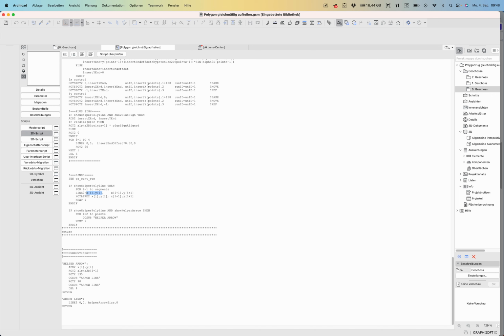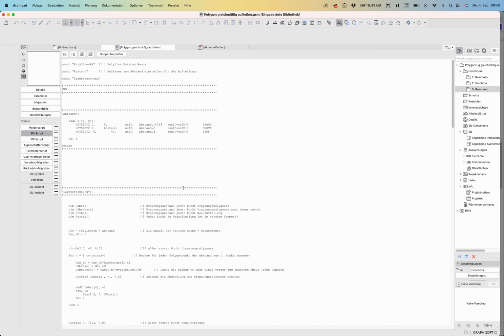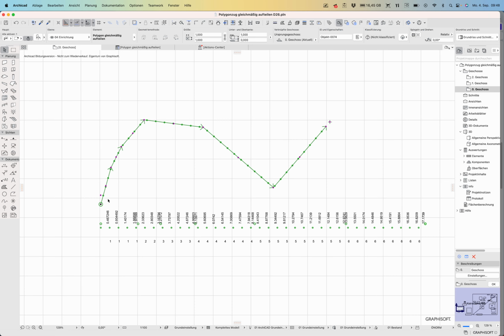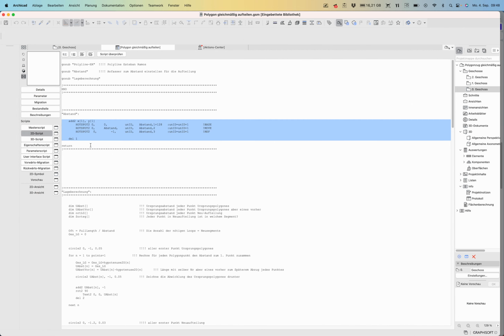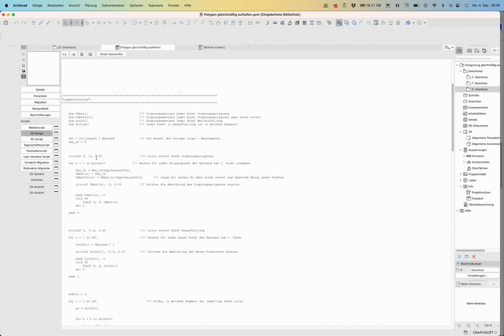So from this, I did the following. First, I made an editable hotspot so that I could change the distance easily, this here. And then I went to the calculation of the needed spots.